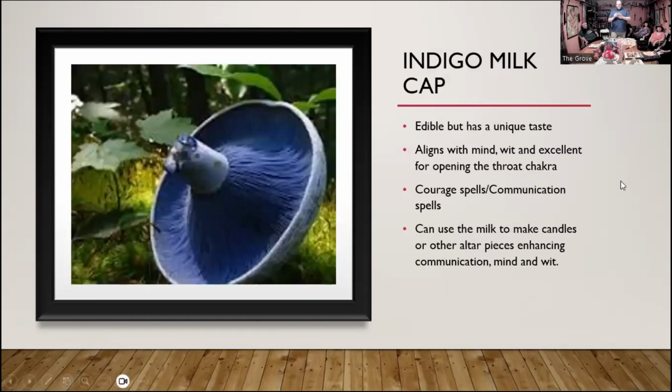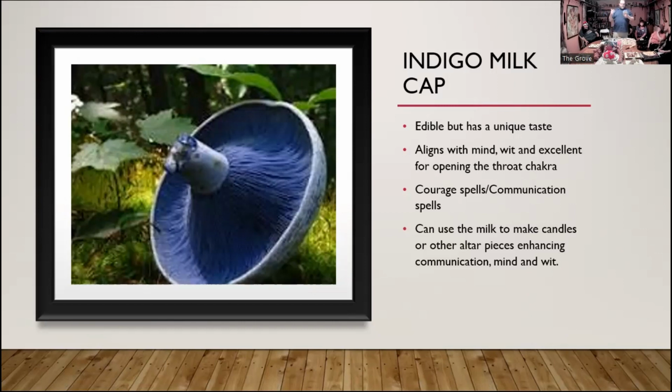Okay, so next slide, indigo milk cap, edible, very unique. If you see one, you need it. You'll be able to tell by the nice indigo blue texture. It's great for mind, wit, and the throat chakra. With that, a lot is focused on intelligence, communication spells, and the milk itself from the milk cap.